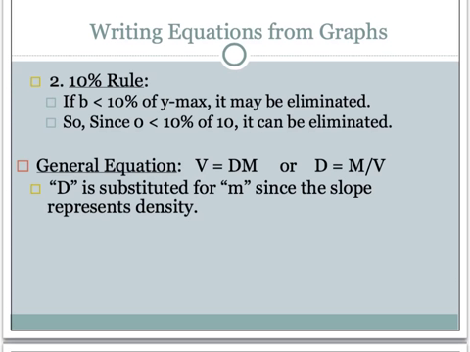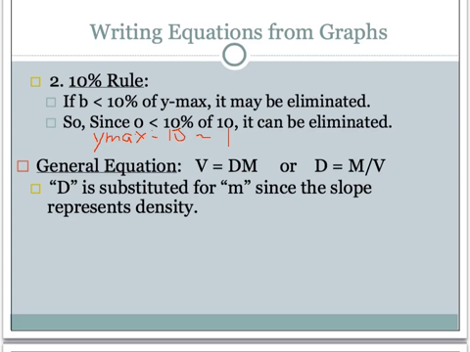So if y max equals 10, then 10% of that would be 1. So if I have any y-intercept less than 1, that means I can statistically eliminate it through the 10% rule. In this case it was 0, so that's pretty easy. But in general, it's 10% of whatever your biggest y value is. Anything less than that for your y-intercept, and you can eliminate it.